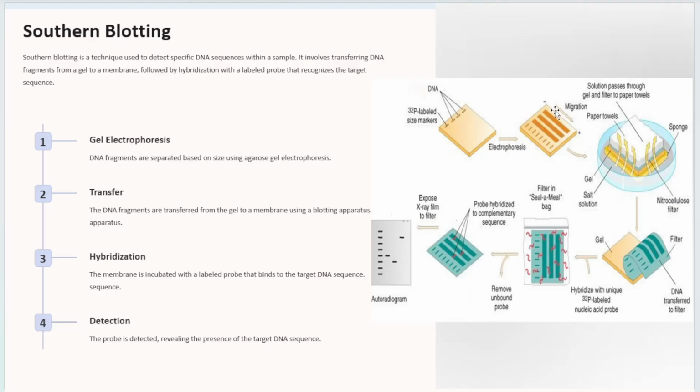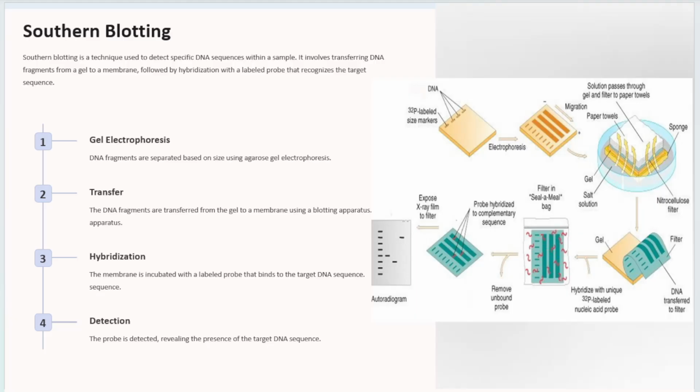Once the electrophoresis is done, the DNA migrates and, as we know from agarose gel electrophoresis, gets separated according to size. Once it is separated, the bands are formed, and this gel is then transferred to the nitrocellulose membrane, and we seal it in the grid with the solid support matrix.